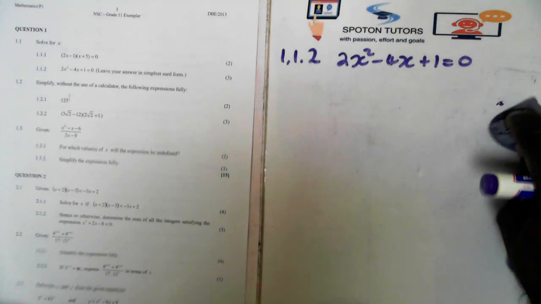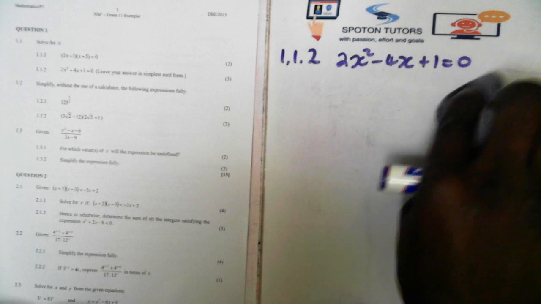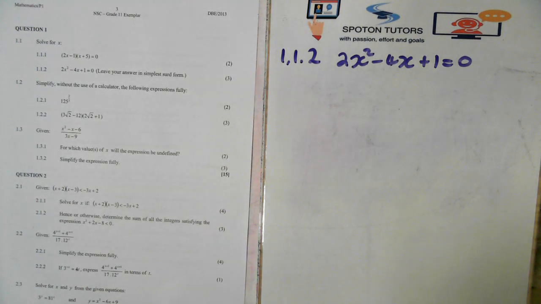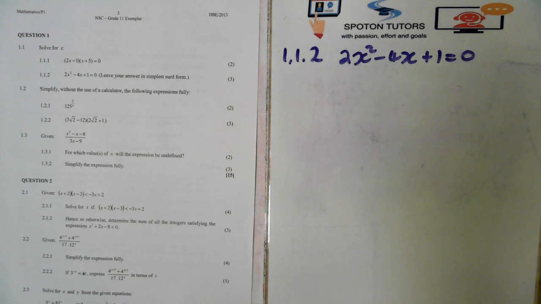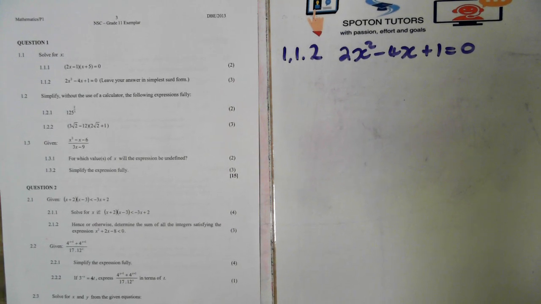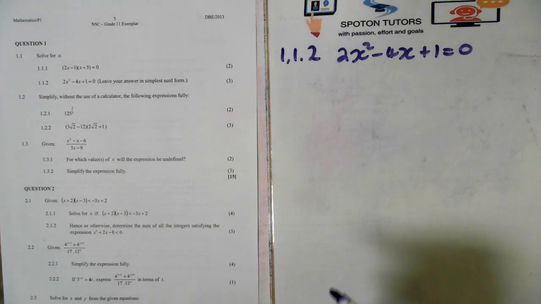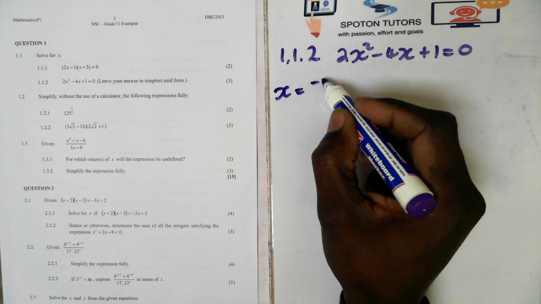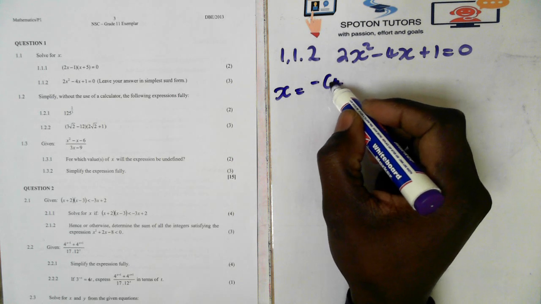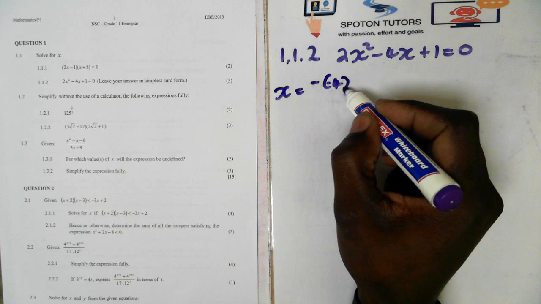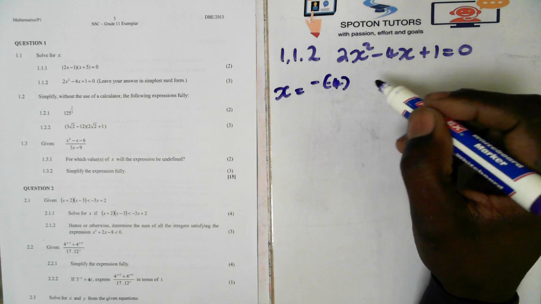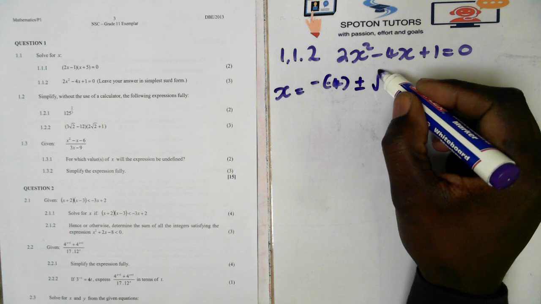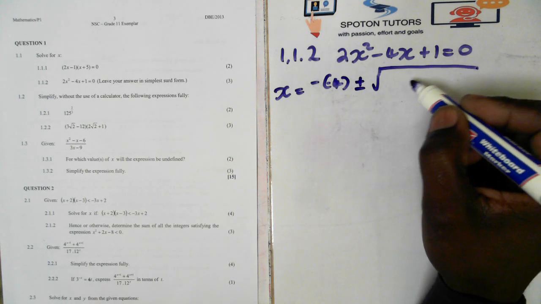Which means that if you cannot find factors, you go quadratic. Now I'm not going to bore you with the quadratic equation. Consult your book if you're not familiar or you're not comfortable with the quadratic equation. And then you would understand why my next solution will be x is equal to minus 4, which is b, plus minus square root of b squared.